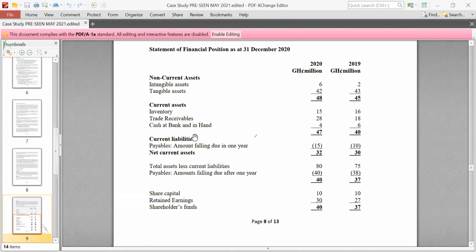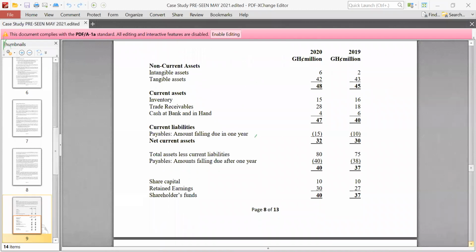Patent, the brand name, goodwill. So why do you think intangible assets will increase? This one we do not know yet. We are just making very, very wild assumptions.